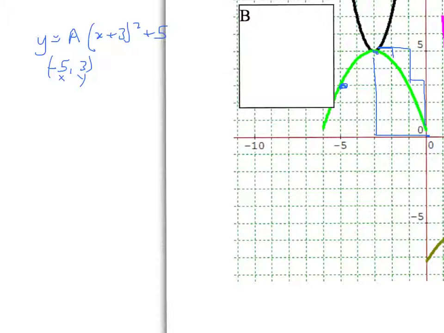So if I put this in the calculator, I'm going to say 3 equals A. My x is -5 plus 3, squared, plus 5. Put that in equation solver, and you should be able to find that A equals -0.5, which is right because it's an upside down sad face, so it's a negative parabola.